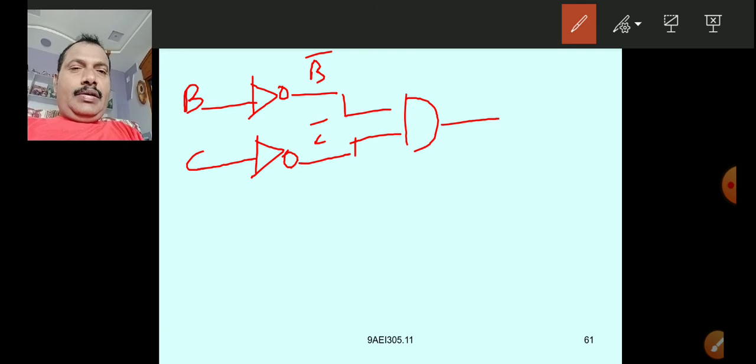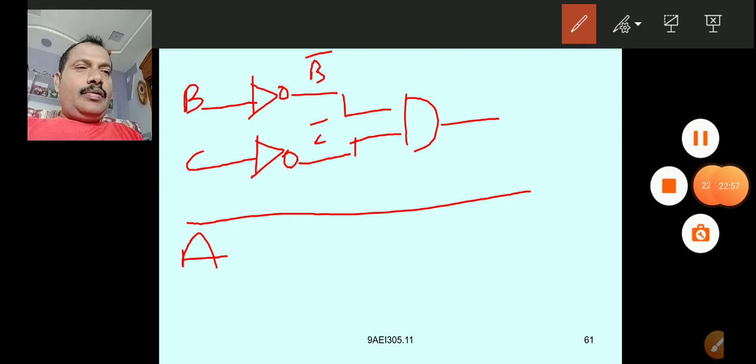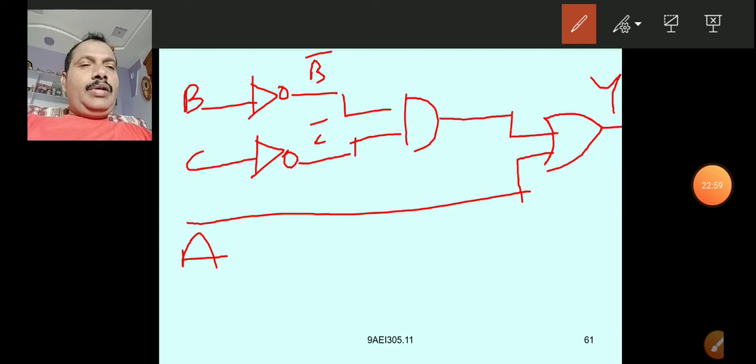And input A you take. Now the final expression you will get like this after connecting A, B, C inputs. So this is the implementation of the given Boolean expression using gates.